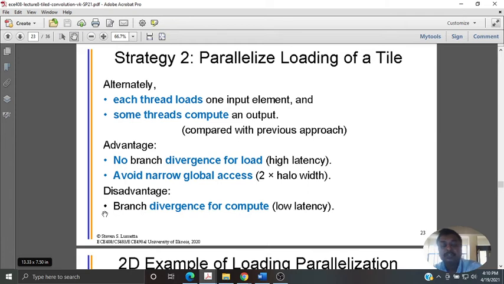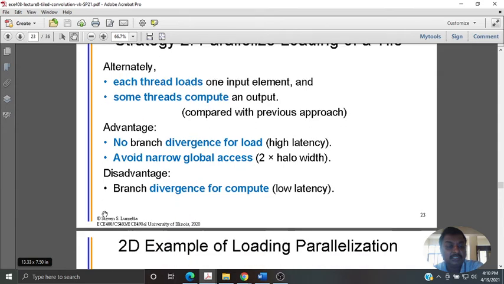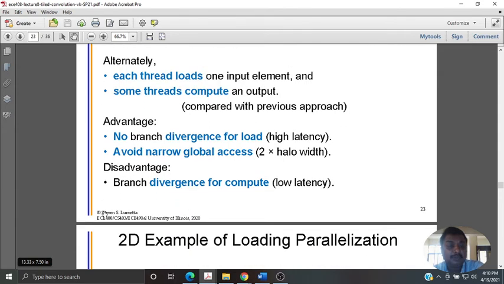So NDS on the total input, that's what is stated. Branch divergence for computing, low latency. Whenever you look into that code, see if there are if conditions, whenever they occur, they normally hamper, or whenever there is decision making, the parallelization cannot happen over there with respect to decisions. So decisions are normally sequential or serial approaches as such.